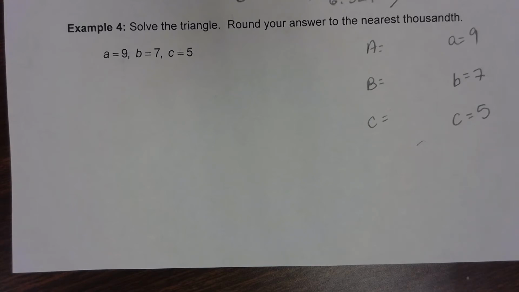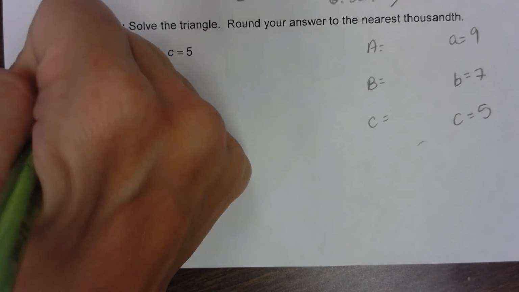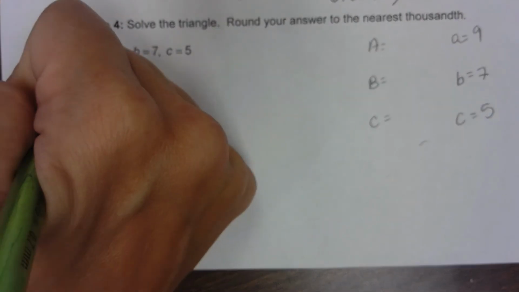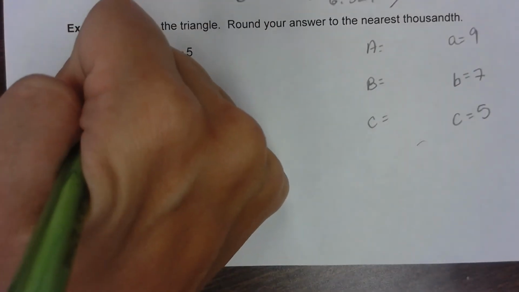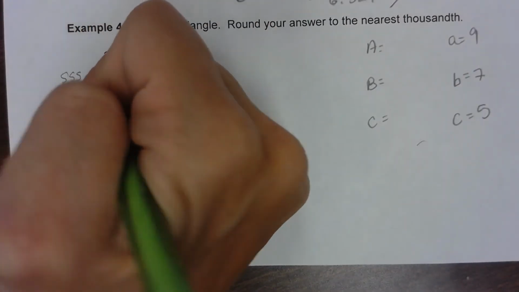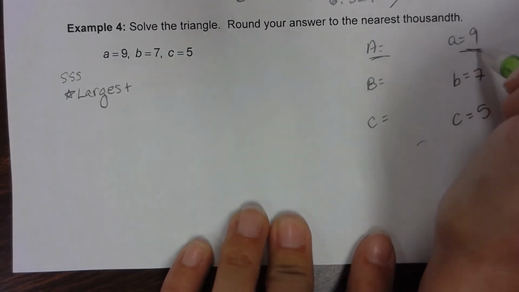And why would we solve for it? Since this is a side, side, side, we want the largest one. So I'm hoping you picked A. Okay, we're going to solve for A because it is the largest.